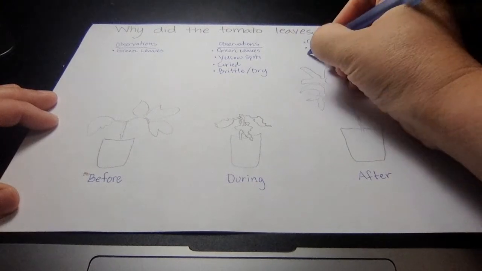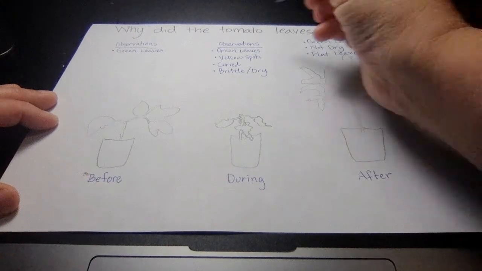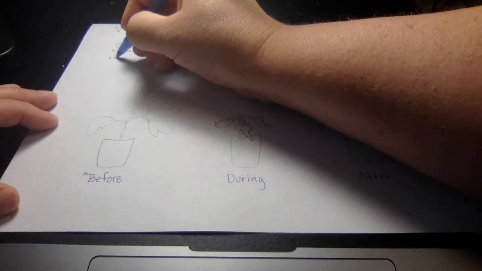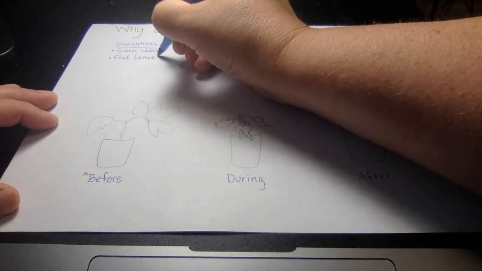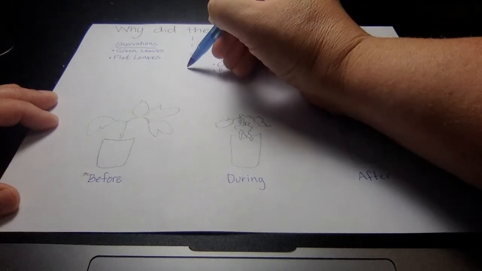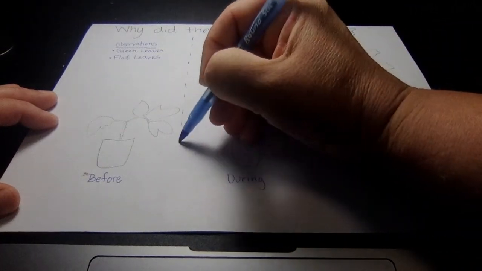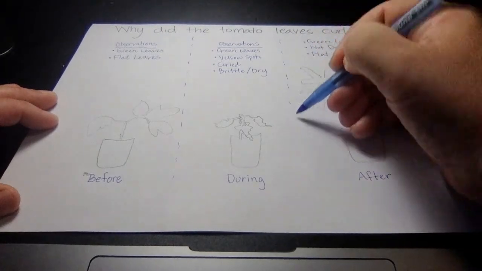After I had rinsed out the roots and repotted my tomato plant, it turned out that the plant resumed very much the appearance that it had before the problem. So I wrote that the leaves were green and flat and relatively healthy looking.